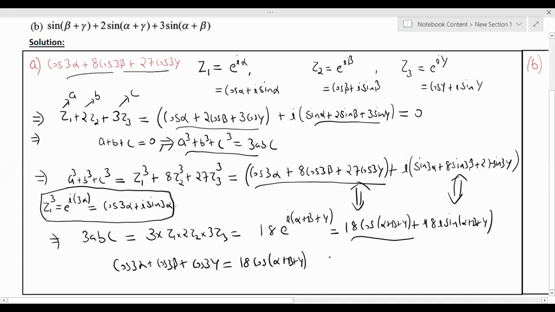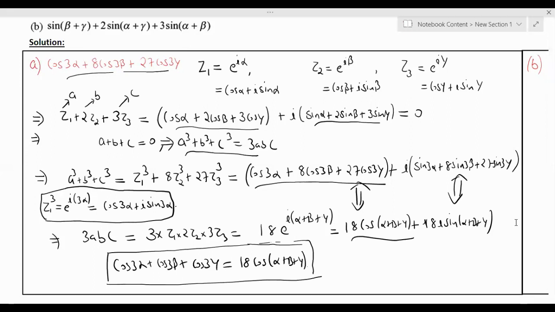So this should be our answer. Generally, if this type of problem comes, they give the angles as the angles of a triangle. You must have solved these kinds of problems. In that case, you can use the value alpha plus beta plus gamma as 180 degrees or pi.